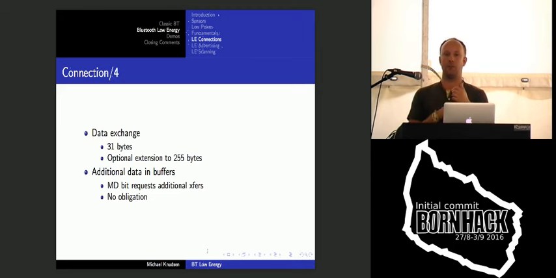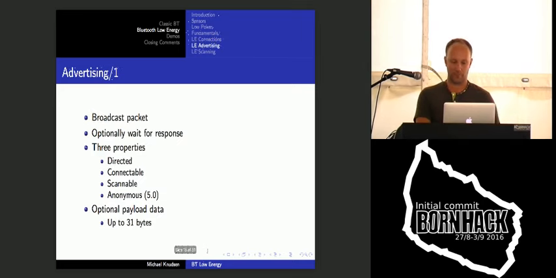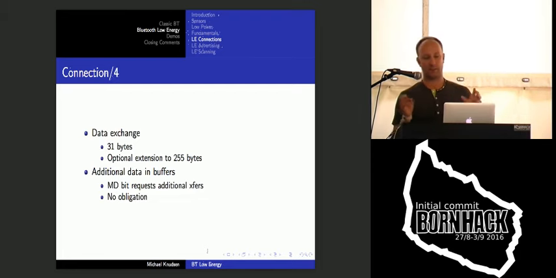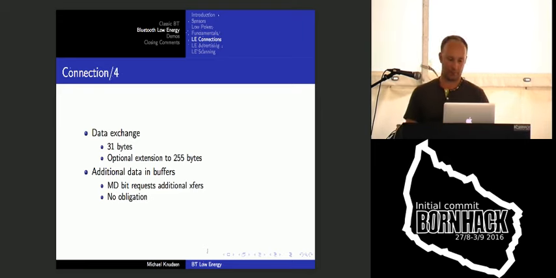There's no obligation for the peer device to come up again, but often the device will have the ability to do so. So even though we can set a fairly high connection interval so that we sleep for a long time and still get to transfer a lot of data, albeit somewhat slowly, when we get to the connection point. So this is reasonably flexible.